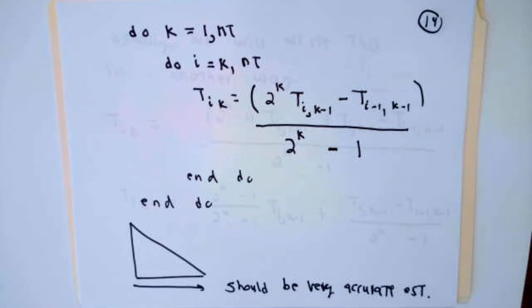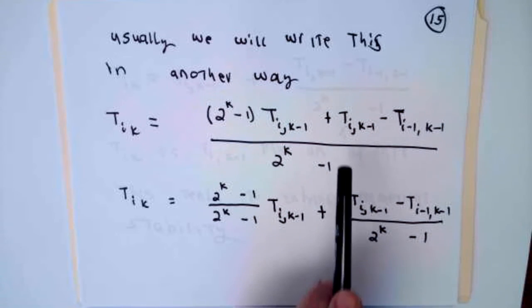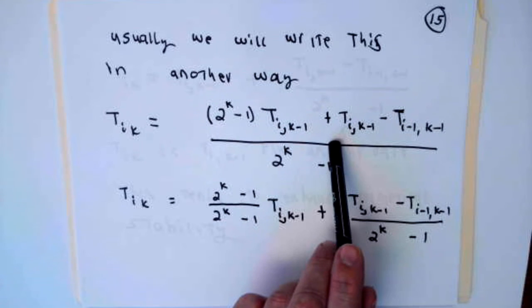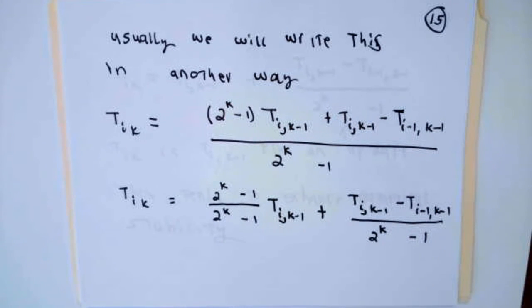This technique is called Richardson's extrapolation. As a side comment, that's not how people usually write this, though. Take the numerator and split off one term of Ti,k-1. You could combine this and get your 2 to the k times Ti,k-1 back again.